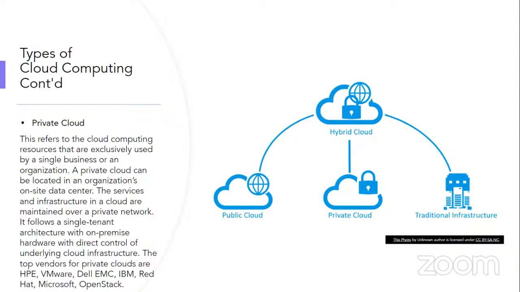The private cloud refers to cloud computing resources that are exclusively used by a single business or organization. A private cloud can be located in an organization's on-site data center. These private clouds include Microsoft's OpenStack, Red Hat, and Dell EMC, as we can see in the diagram.